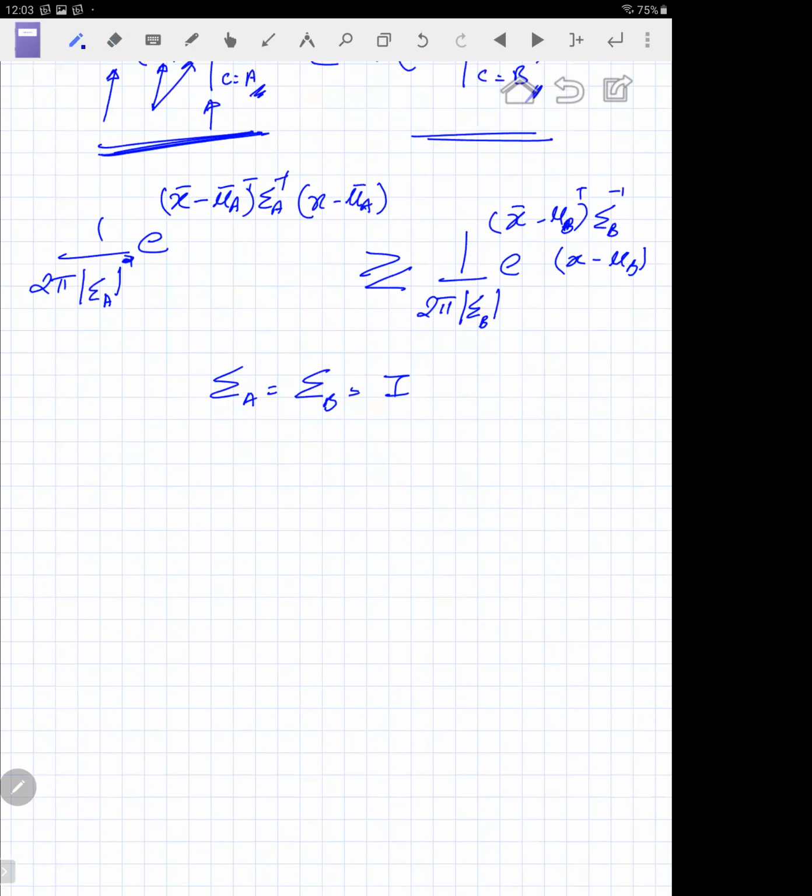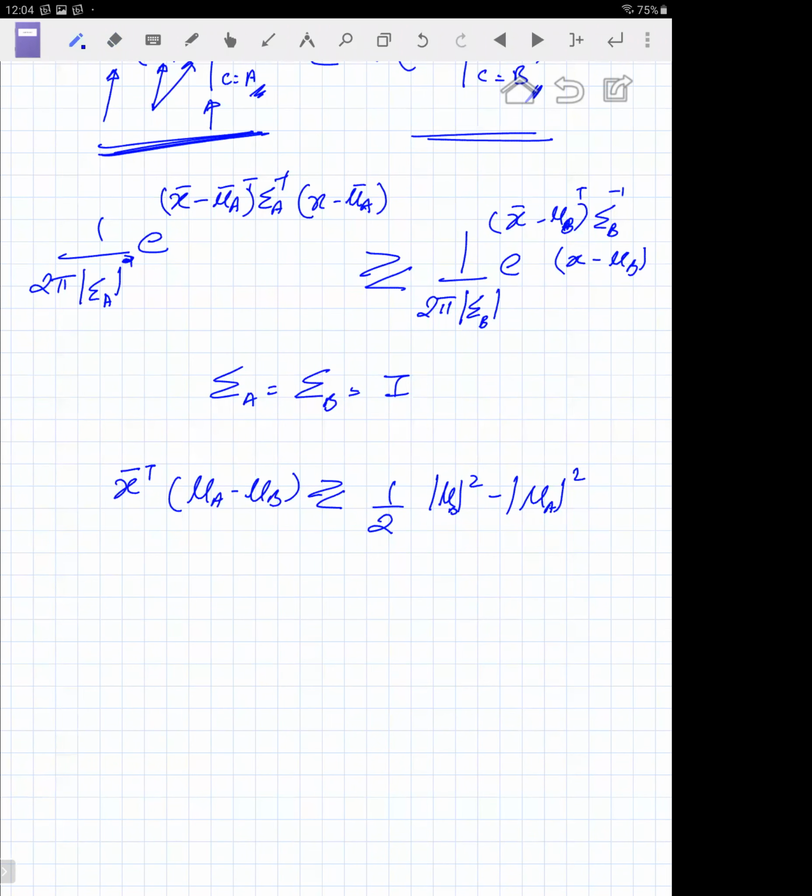my decision making rule would be something like this: x transpose (mu A minus mu B) compared to half of (mu B squared minus mu A squared). If you look back into the previous lecture, this is exactly the vector equivalent of your scalar decision rule.